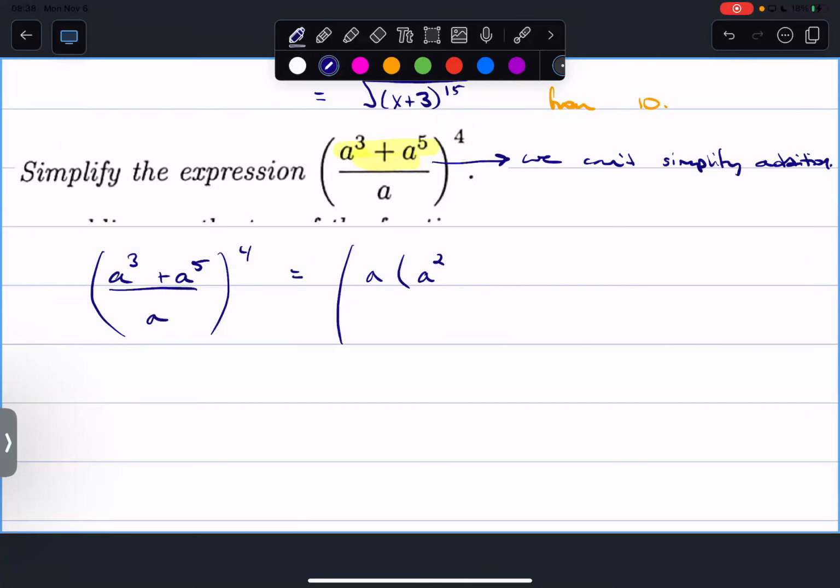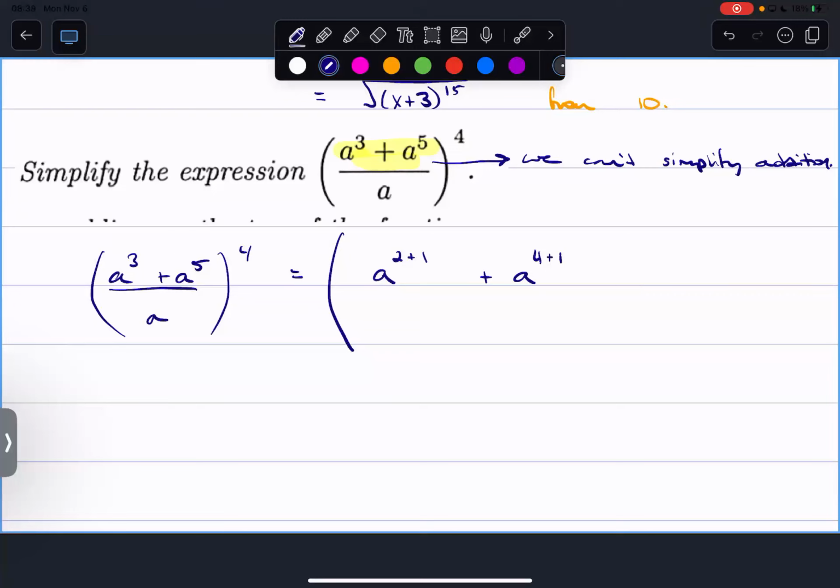What am I technically doing there? Let's take it one step further, because technically what you are doing is rewriting a to the power of 3 as what? A to the power of 2 plus 1. When you're pulling out an a to the power of 1, technically you're rewriting a to the power of 3 as a to the power of 2 plus 1, plus a to the power of 4 plus 1.